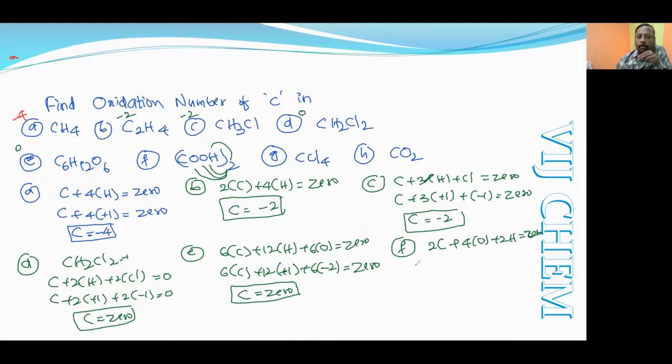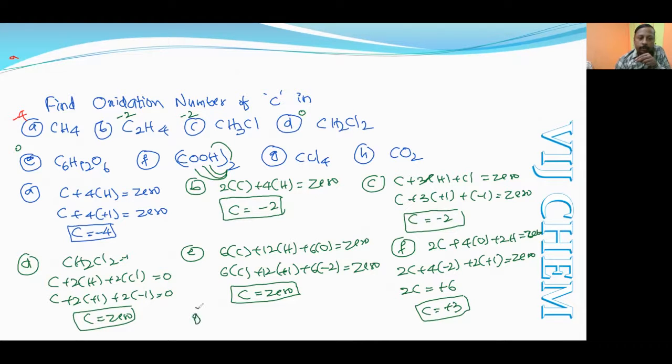So 2 carbon plus 4 into oxygen, which is -2, 2 into hydrogen, which is +1, is equal to 0. So 2 carbon is equal to +2 minus 8 plus 6. So the answer will be +6 here. So carbon will be +3. Am I correct? +3. Up to here note it down; the remaining G part I will try to write here itself.